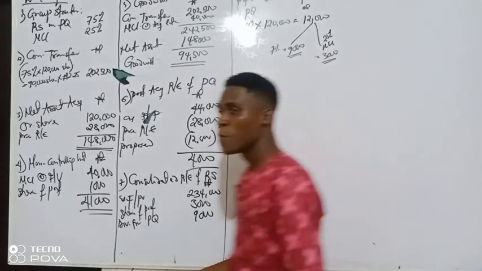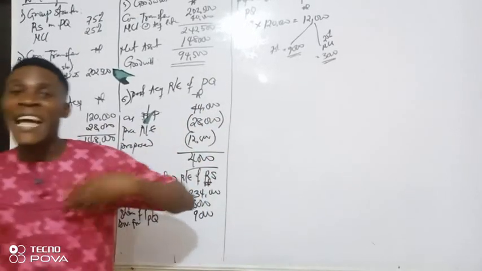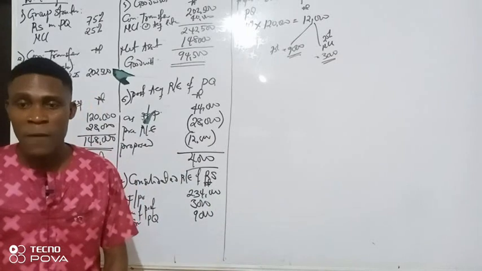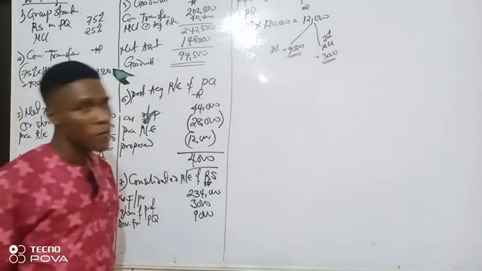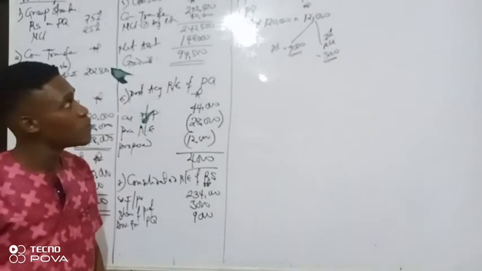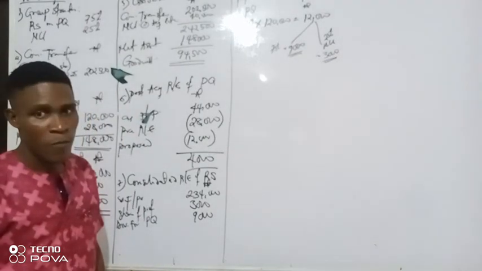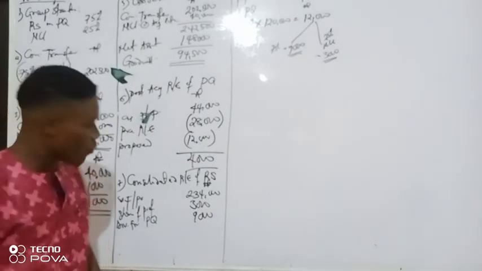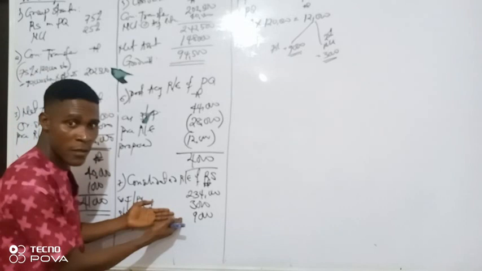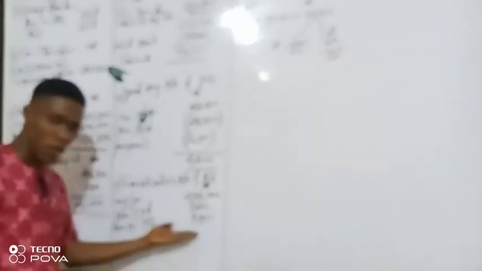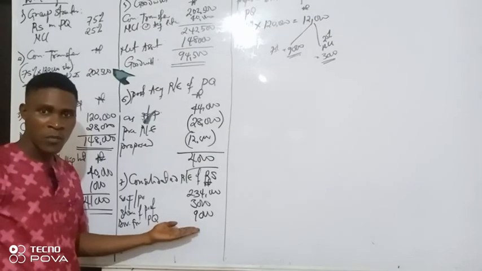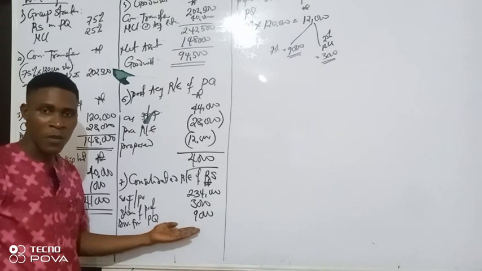Now, don't forget the question also says the parent itself declared a dividend. That is income for the parent, so we add it to the income of the parent. After that, since it has not been paid, it becomes a receivable.